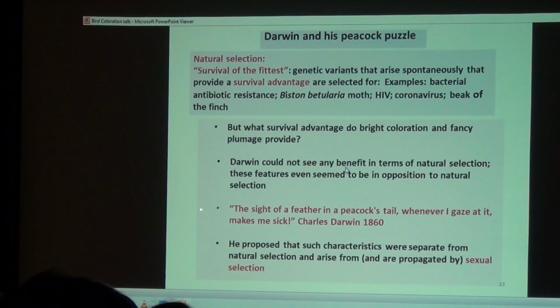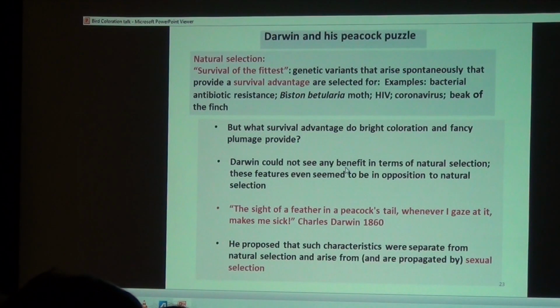And here's a quote from him: "The sight of a feather in a peacock's tail, whenever I gaze at it, makes me sick." It's amusing how his use of "makes me sick" is so close to our contemporary use of "makes me sick." But his point was, it made him sick because he couldn't fit this in with his main theory of evolution.